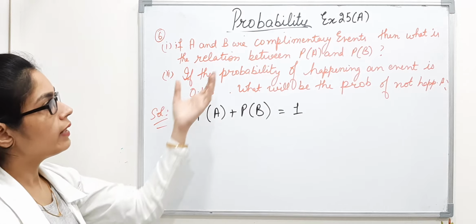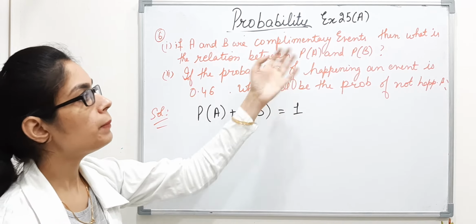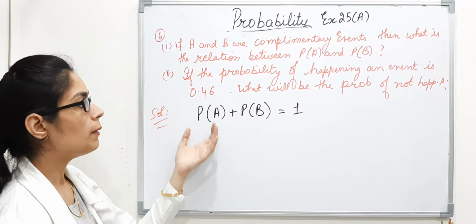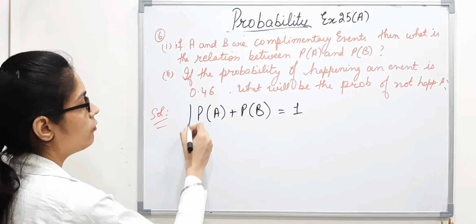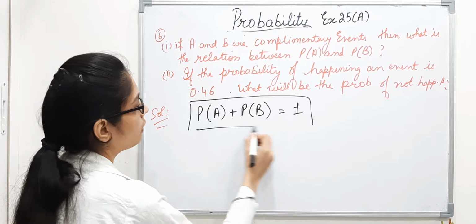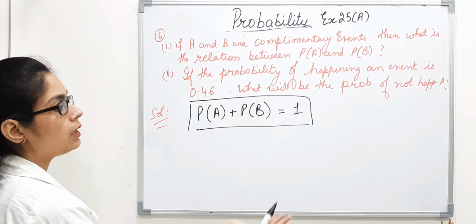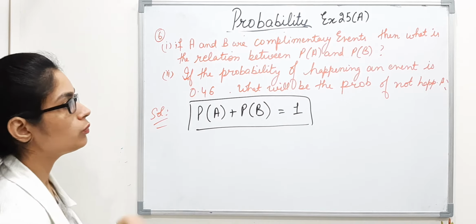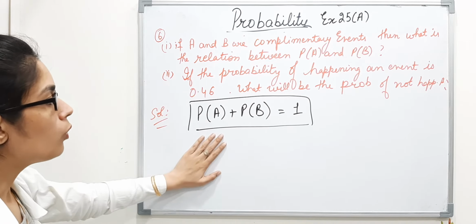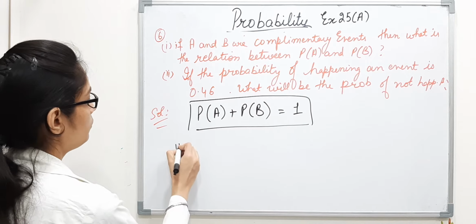So they are asking what's the relation between PA and PB. So PA plus PB is equals to 1. If A and B are complementary events, then PA plus PB is equals to 1. So this was the relation between 2 complementary events.